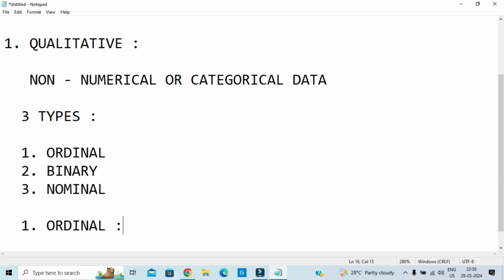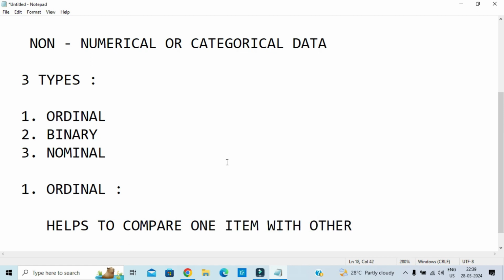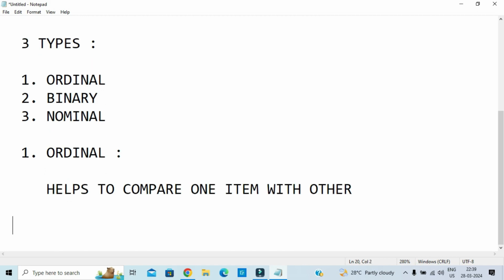What is meant by ordinal data? Ordinal data helps to compare one item with another. It's used just for comparison purposes, and the result should be in a sequential, ordering manner.